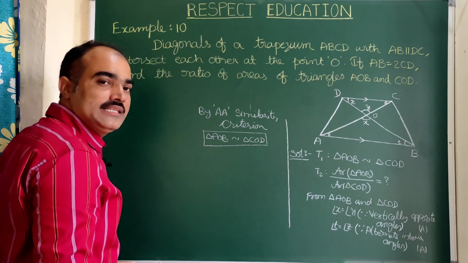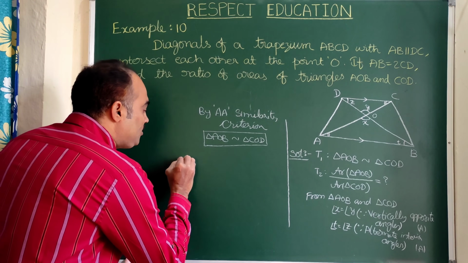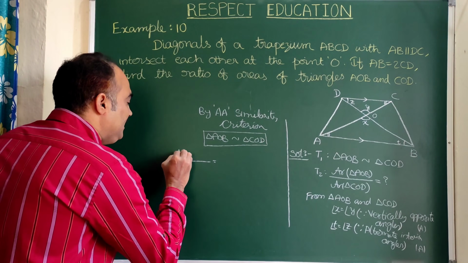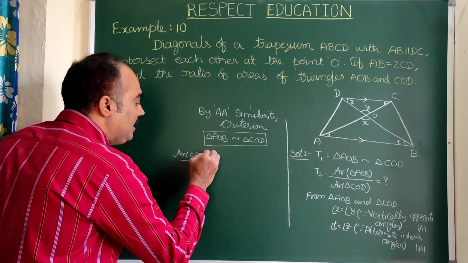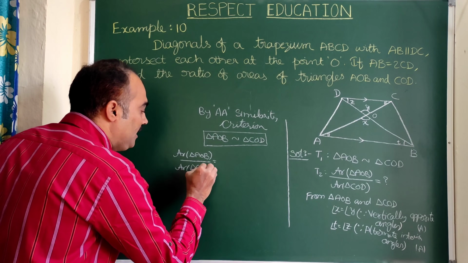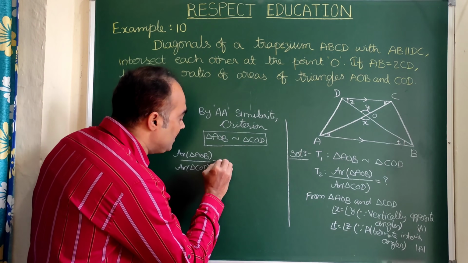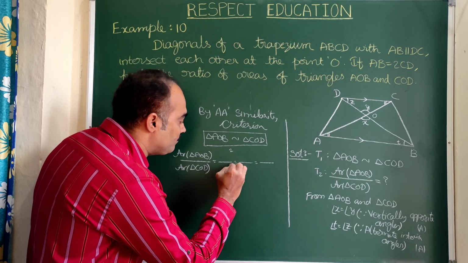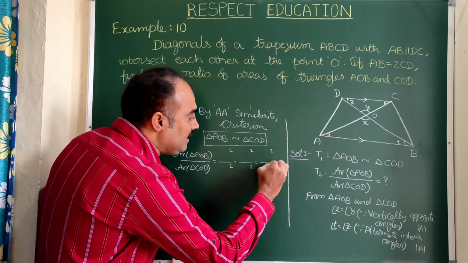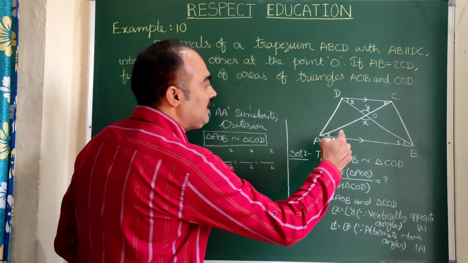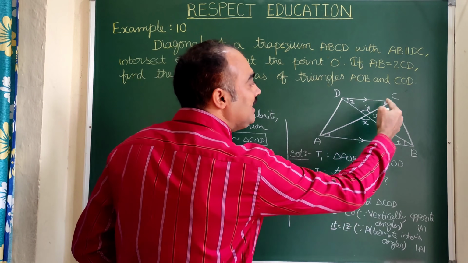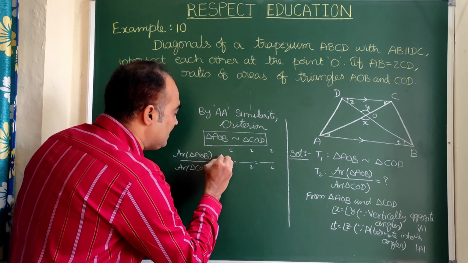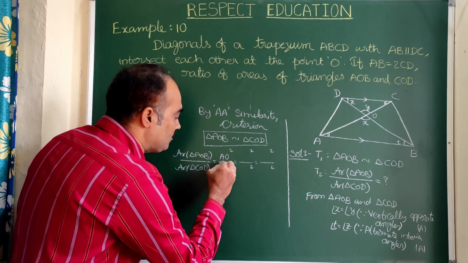As we know, when two triangles are similar, the ratio of the areas of the two triangles, area of triangle AOB by area of triangle COD, is equal to the ratio of the squares of their corresponding sides. See here, for AO, the corresponding side is CO. So we can write AO square by CO square.